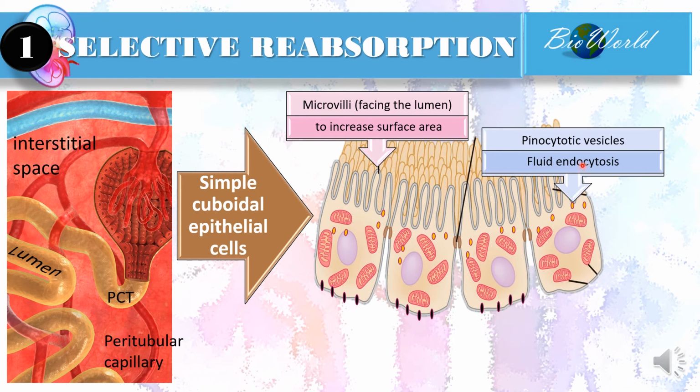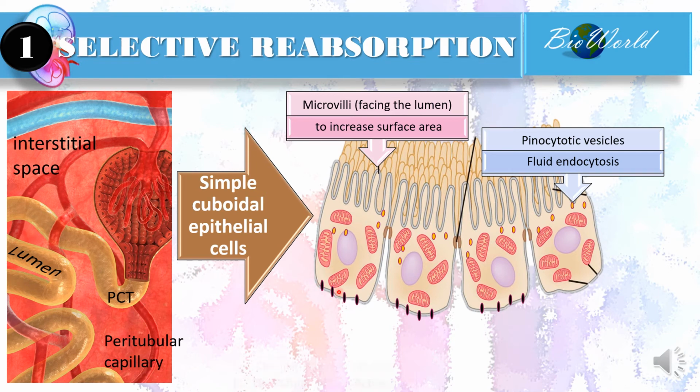So, during fluid endocytosis, pinocytotic vesicles will form. These vesicles will be able to transport useful substances such as glucose, amino acids, and even salt to the opposite end of the cell.